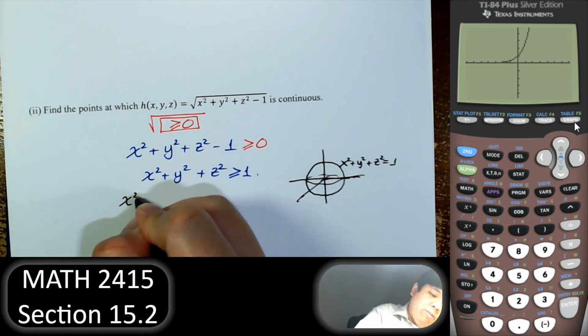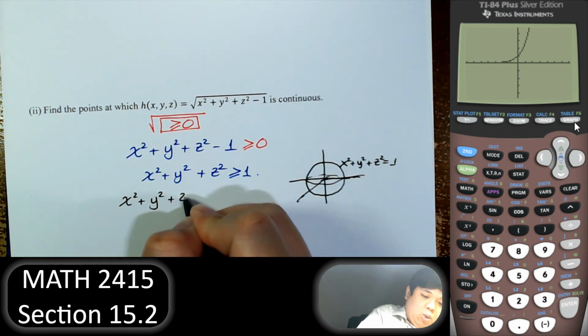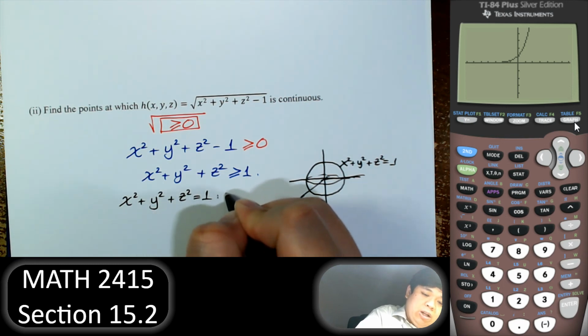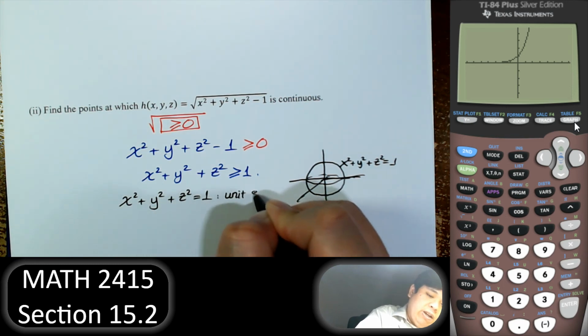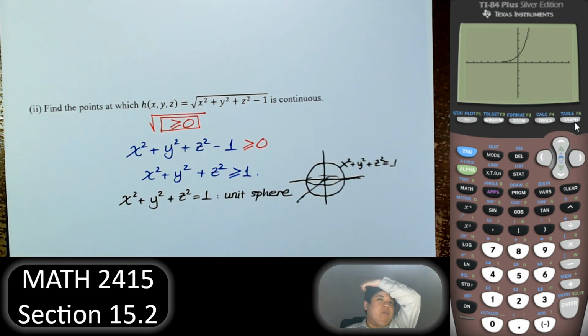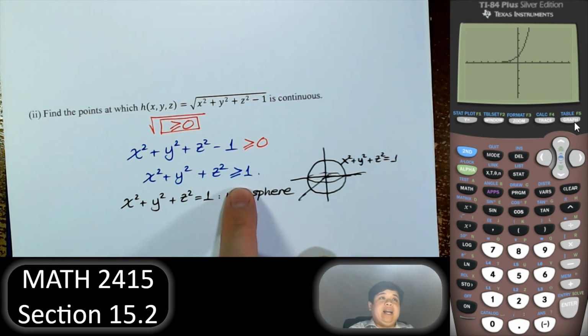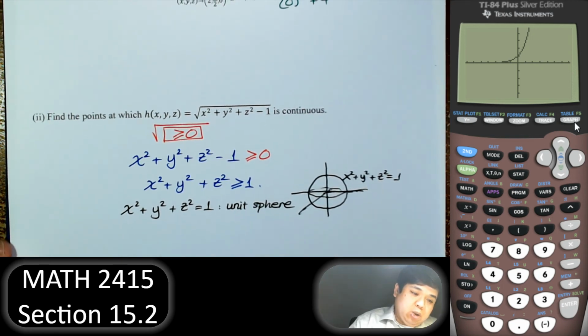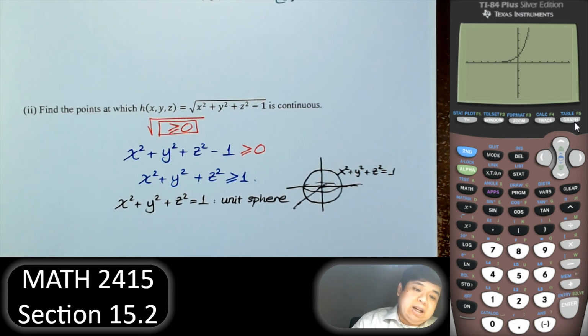So x squared plus y squared plus z squared equal to 1 is the unit sphere. Unlike the unit circle, this is a sphere in space. So if it is more than that, it will be outside of the sphere and including the boundary.